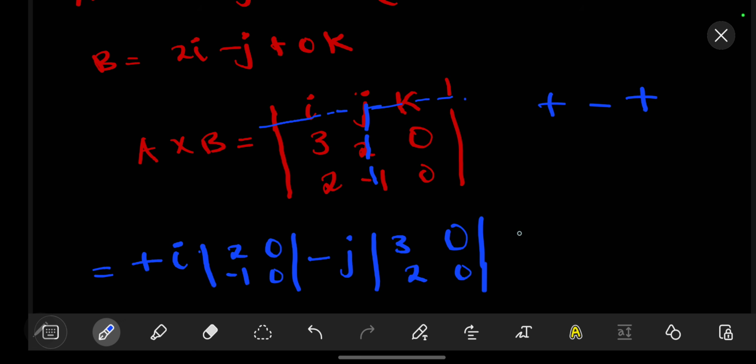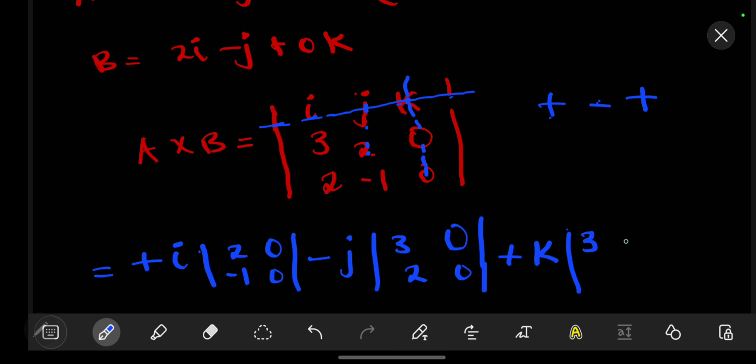Then finally we can say plus. So we have plus, minus, plus. Looking at our last column, we cancel the last row and do this. So we are going to have the k where the two lines intersect. We have k, then the remaining numbers are 3, 2.